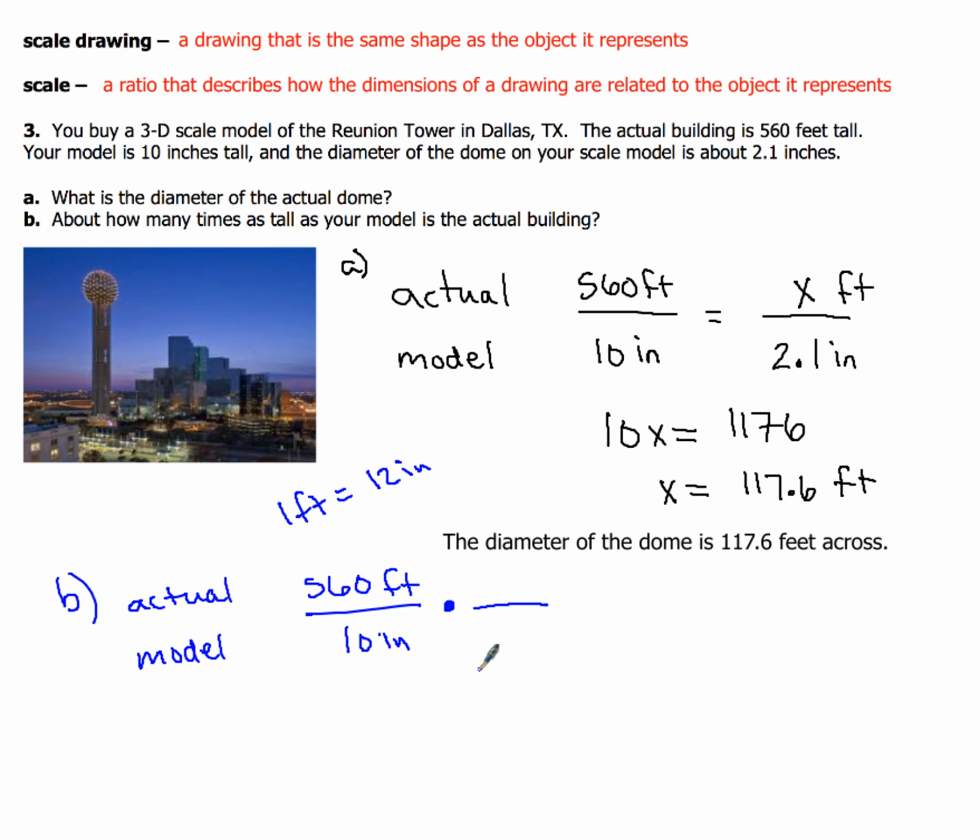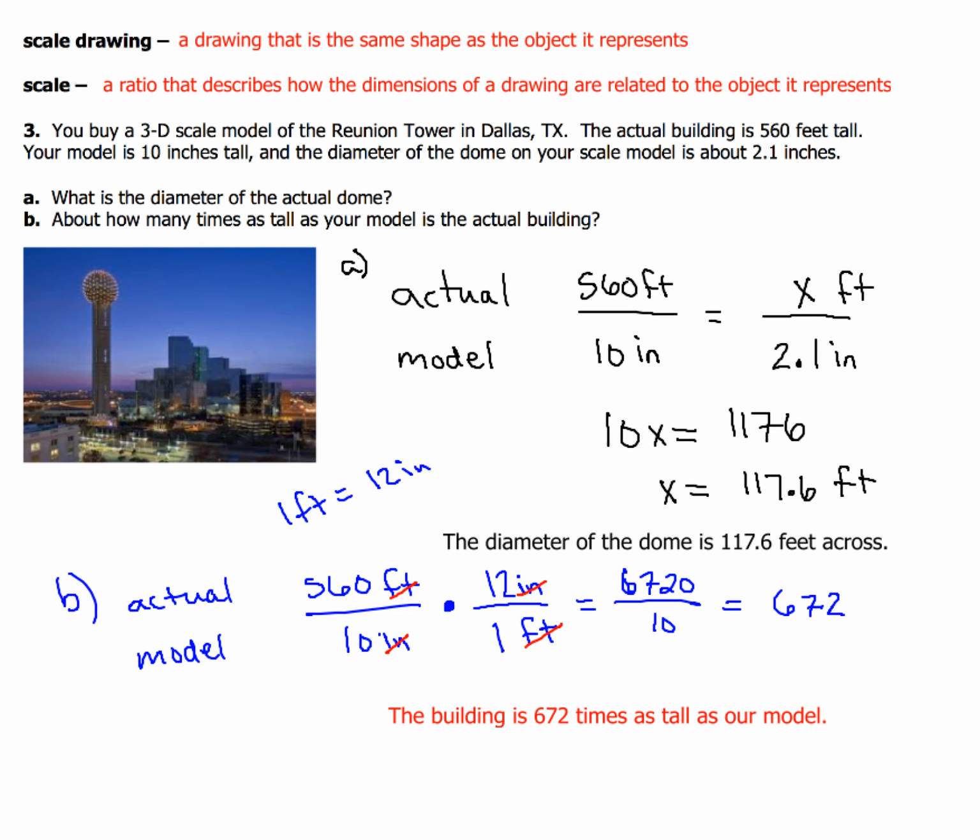So in the top, I have 560 feet, which means I'm going to want feet in the denominator of the other one. So that's going to be 1 foot, and then my 12 inches is going to go on top. That way, when I multiply, inches are going to cancel out as well as feet. So all my units are going to be gone, and all I have to work with now is just the numbers.